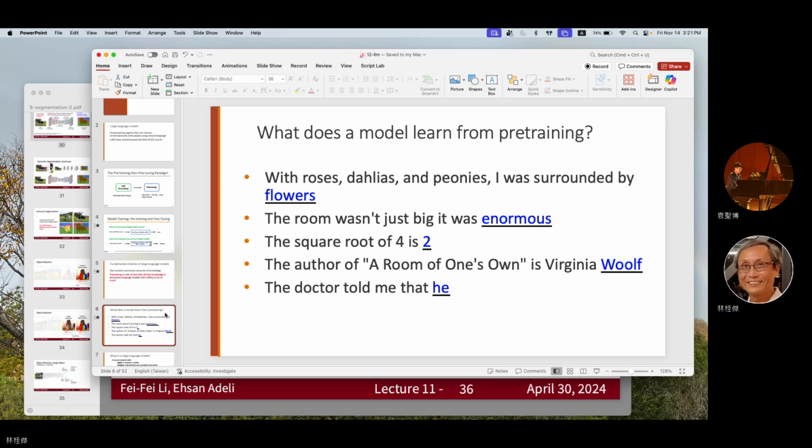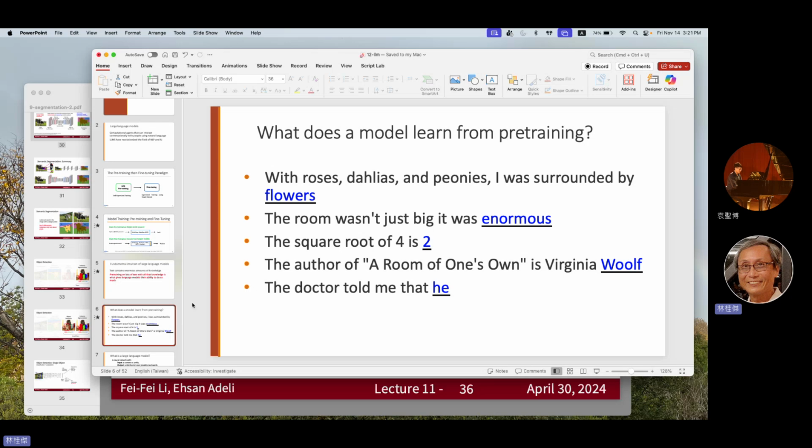The thing it's trying to describe here is what the language model is supposed to be able to fill in. So the sentence, the room wasn't just big, it was something. The large language model should be able to come up with this word here, enormous.